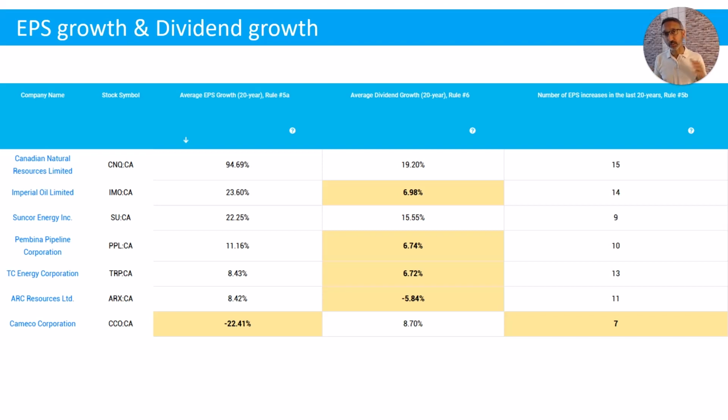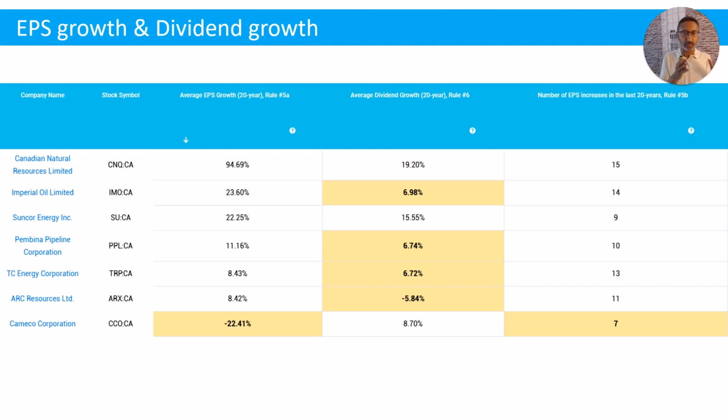So again, all things considered equal, do you want to invest in the company that has a history of growing its earnings or a company that has a history of losing money? Right? So I think the answer is clear. So that's first. We want to look at earnings growth. And you can see on this graph here, the companies are sorted from highest earnings growth to the lowest. So you want to focus on the companies at the top of the list first.